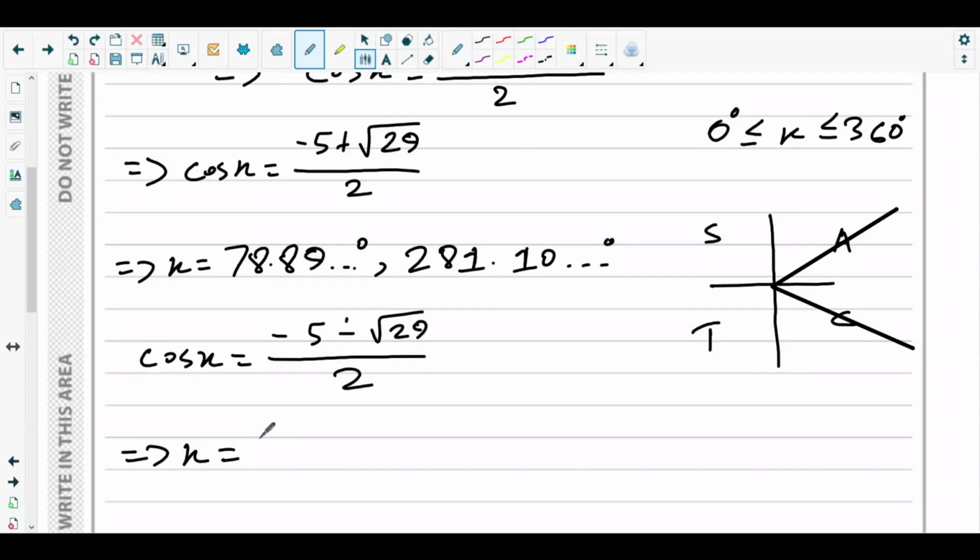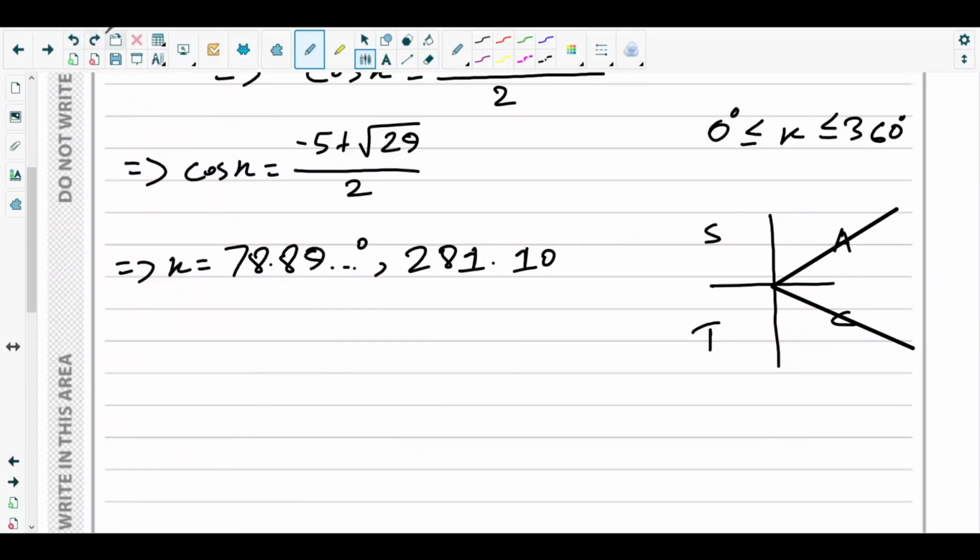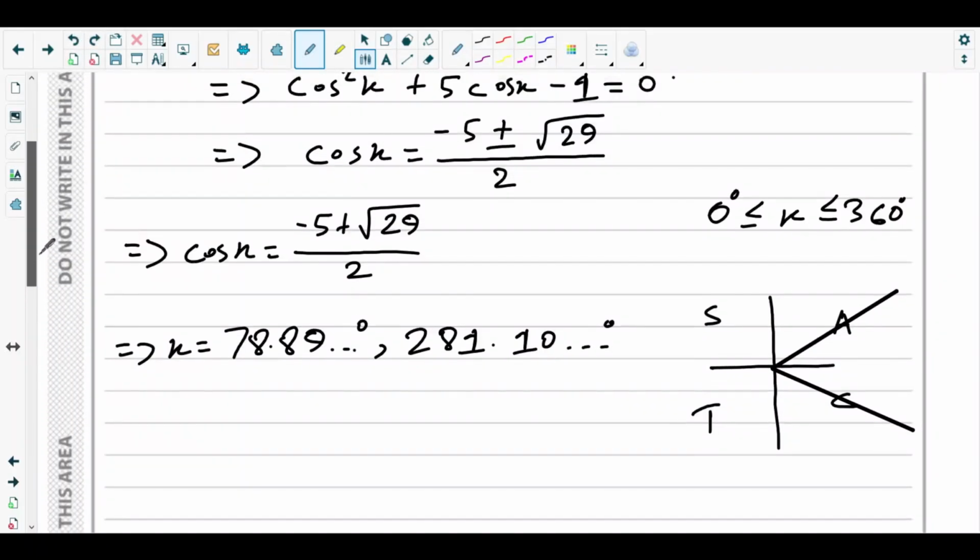Negative 5 minus the square root of 29 gives you no possible values for x because it is beyond the range, as the value of cos x is always less than or equal to 1 and greater than or equal to negative 1. So we can ignore this one without writing any reason, no problem.